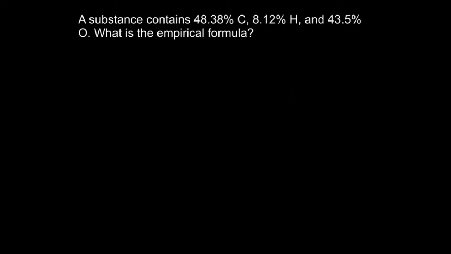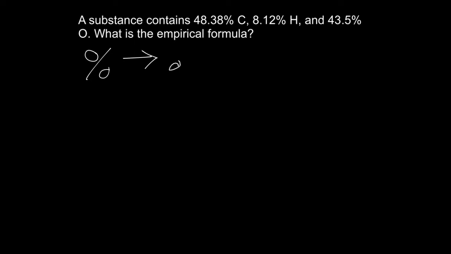Okay, so here's a practice problem for empirical formula. The question says a substance contains 48.38% carbon, 8.12% hydrogen, and 43.5% oxygen. And it asks, what is the empirical formula? So as we're going to solve this one, the first step is to always take the percent and just turn it into grams.